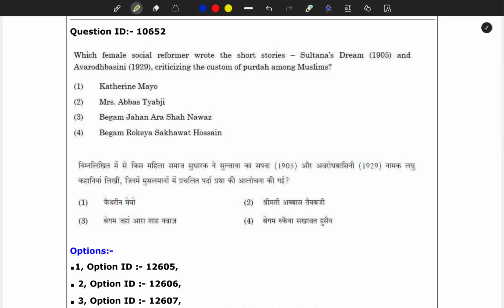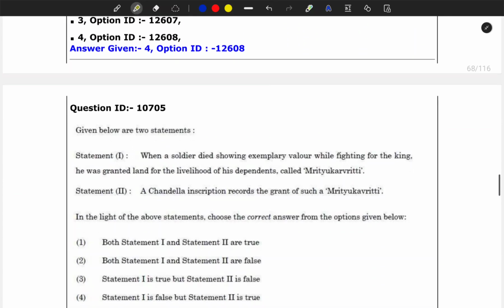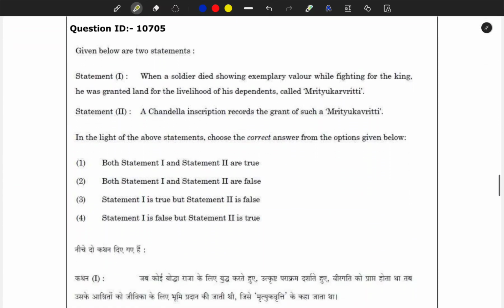This is a pure fact, and it was Begum Rokia Sakhawat Hussain. This is the 7th question, I think the 8th or 9th, on literature. We have not even completed 50 questions, and they have asked about 8 or 9 questions on literature itself. So you can see how you can prepare for this exam.